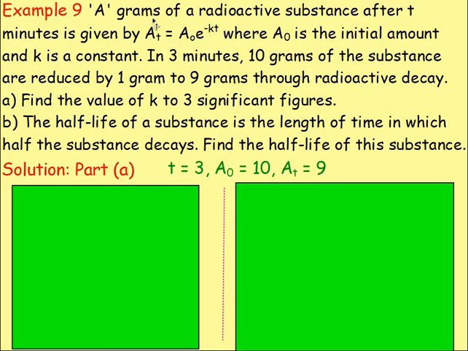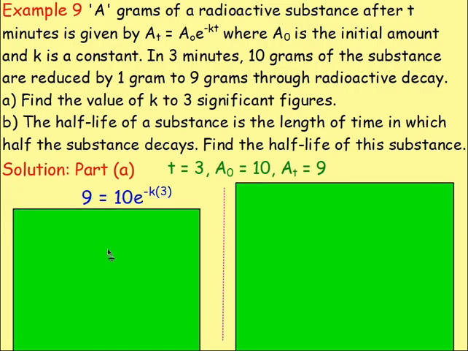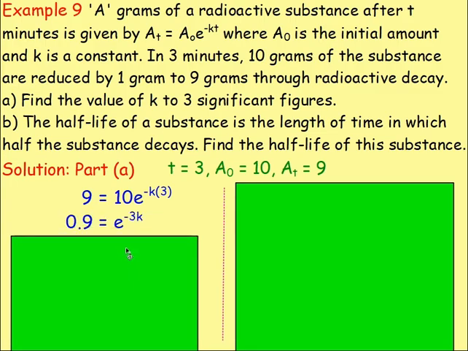Take this formula up here, A(t) equals A naught e to the power of negative kt, and replace t with 3, A naught with 10, and A(t) with 9. From there, we want to work out the value of k, so we have e to the power of negative 3k, but we're multiplying that by 10. Let's undo that by dividing both sides by 10. So 0.9 equals e to the power of negative 3k.